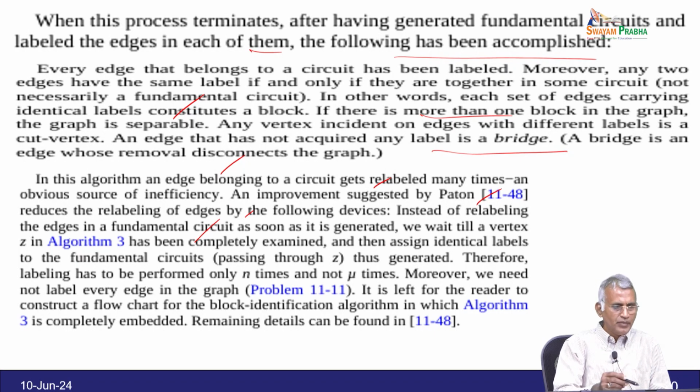Therefore, labeling has to be performed only n times and not mu times. Moreover, we need not label every edge in the graph. So, it is left for the reader to construct a flow chart for the block identification algorithm in which algorithm 3 is completely embedded.